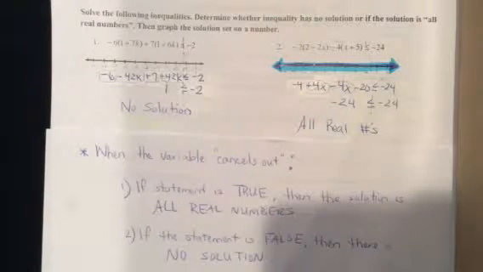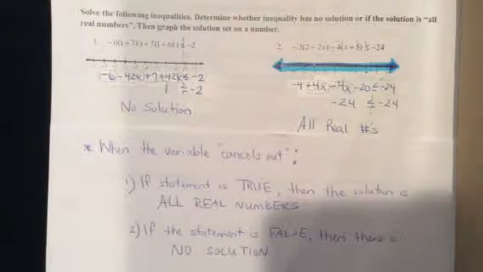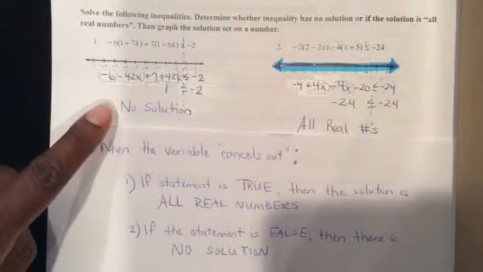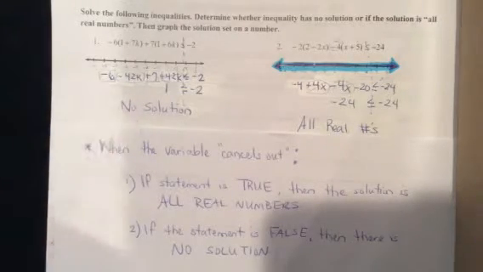For inequalities, just like we learned for equations, those two individual circumstances where we don't just get an answer, where we have to interpret and understand what this means when our variable eliminates or cancels out and we're left with a false statement versus a true statement.